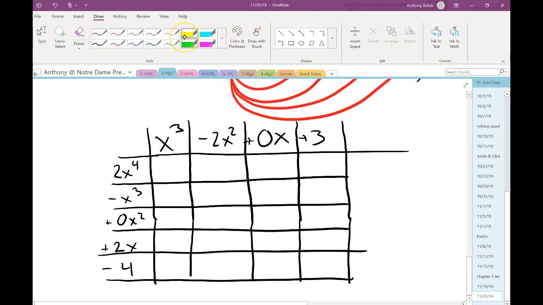Okay. So each of these boxes in the grid is going to represent a multiplication problem. So this first box is going to be the product of x to the third times 2x to the fourth. When I multiply those two things together, what do I get?